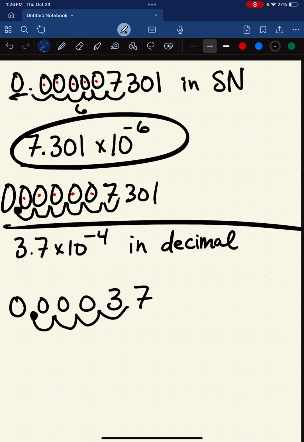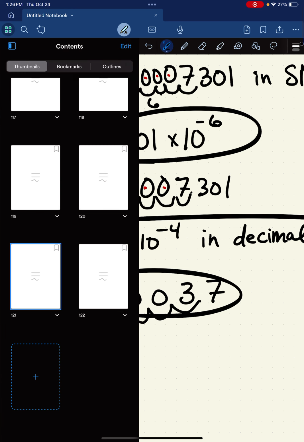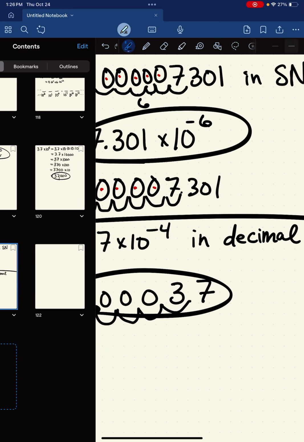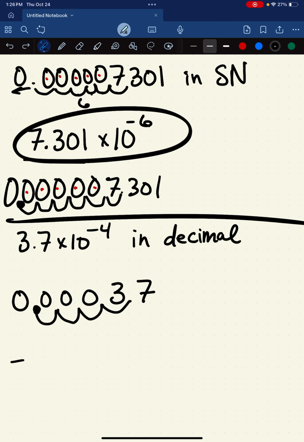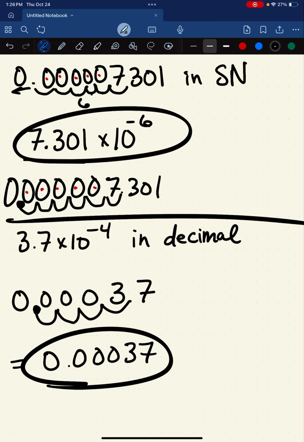Stop. Fill in your zeros. There's your answer. And maybe I'll rewrite it. Let's take off the outline. That is 0.00037.